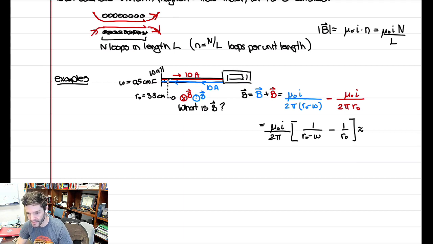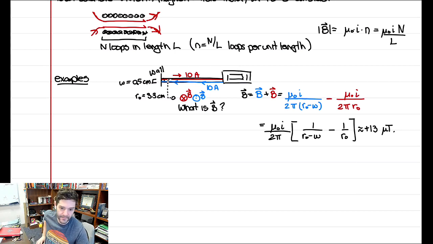I plug all those things in, and I get about 13 microtesla at the end. And I'll explicitly say positive 13 microtesla. It's positive, which means overall it points out of the page, and that makes sense.